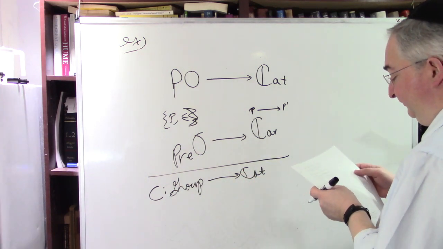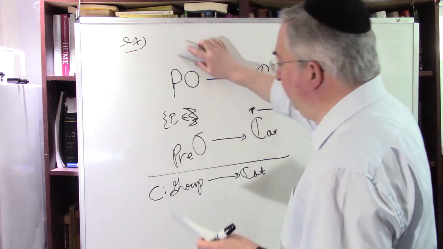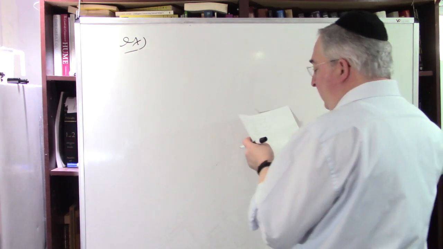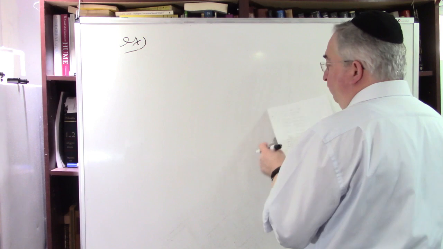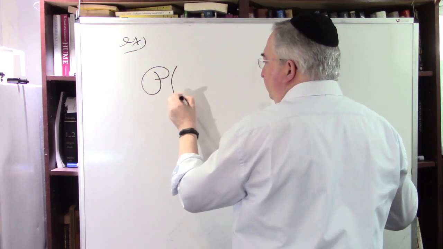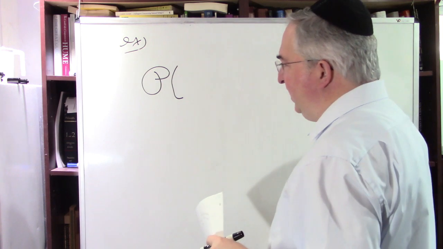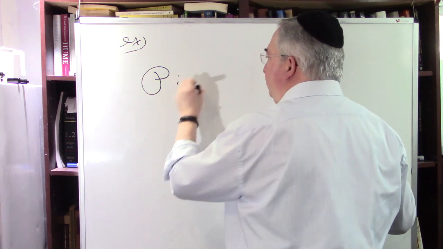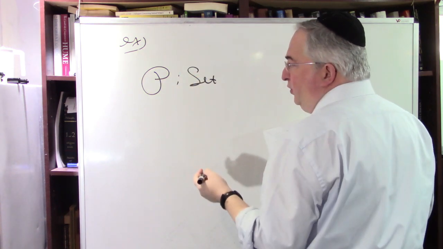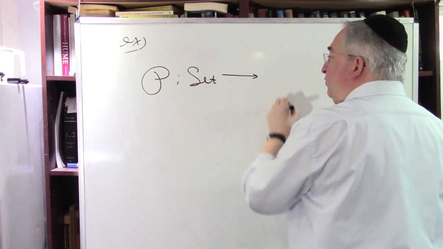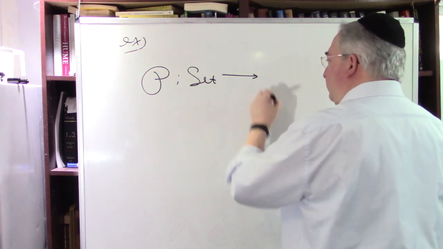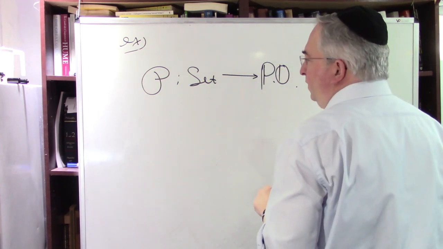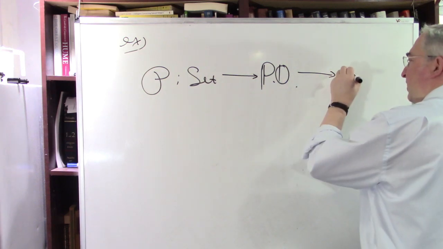Okay, next. Okay, let's do another one. You ready? Power set. What's the power set? The power set functor takes a set and puts out a partial order. And partial orders are special types of categories.